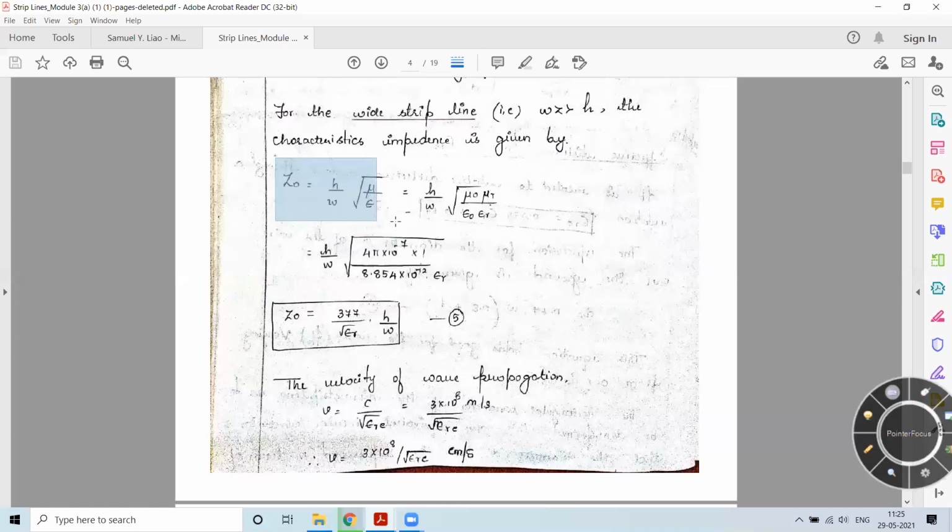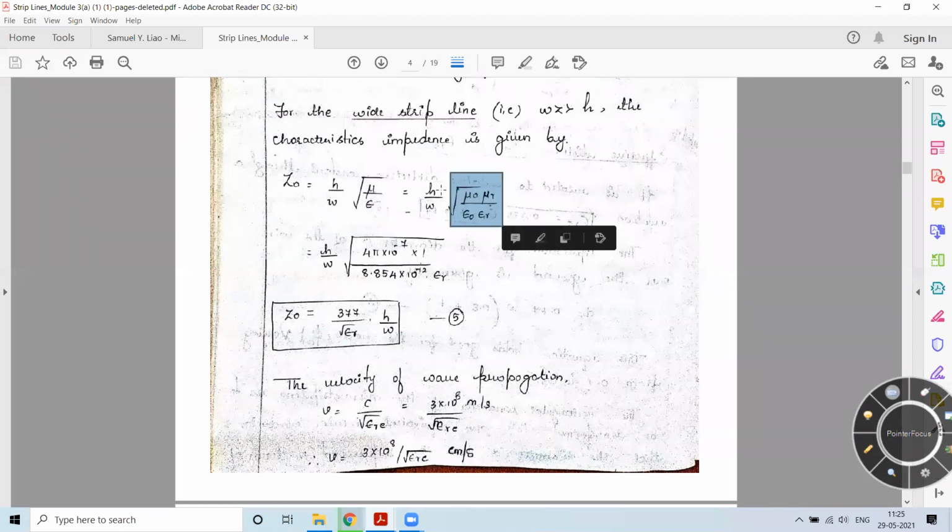Here Z naught is also represented for a wide strip line. For a wide strip line, Z naught is given by H divided by W into the square root of mu by epsilon. But I can replace this with mu naught into mu r divided by epsilon naught into epsilon r. And when I consider mu r, that is relative permeability, as 1, then mu naught and epsilon naught, when I substitute, it is nothing but the intrinsic impedance in the vacuum.